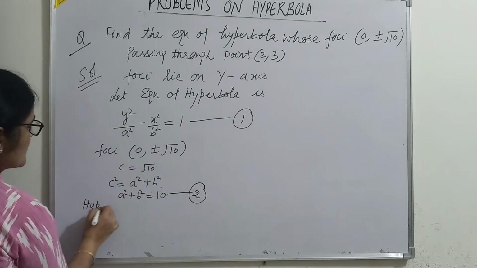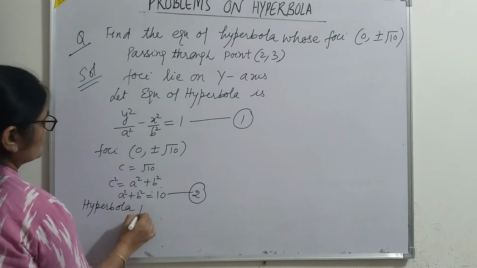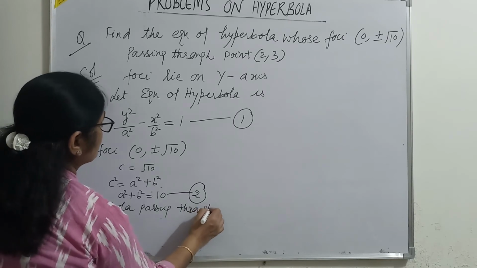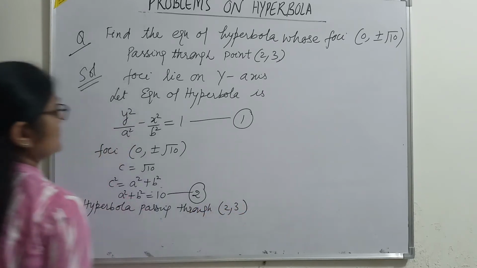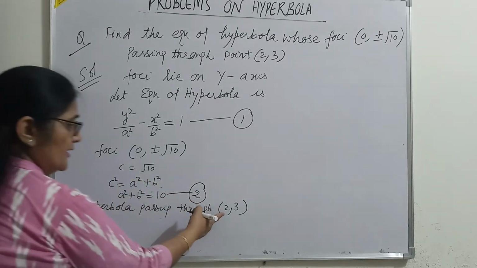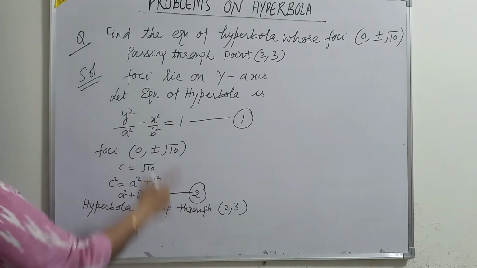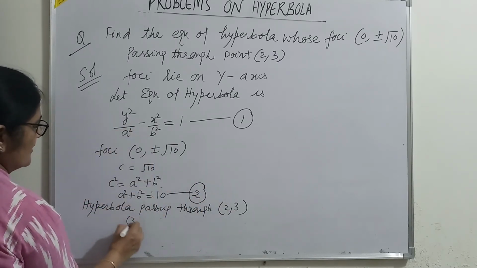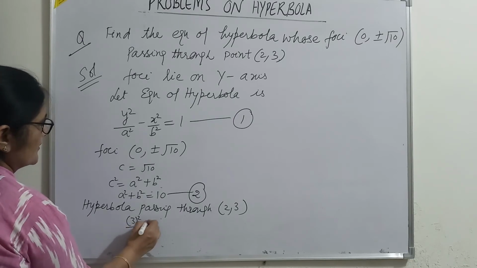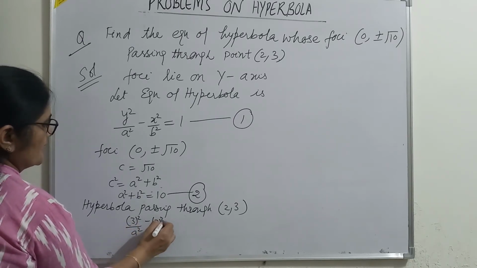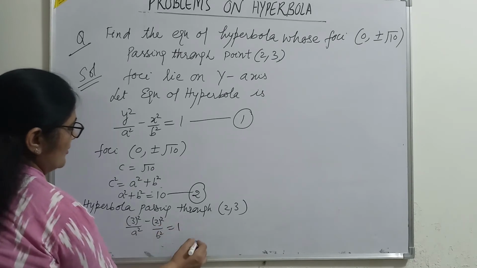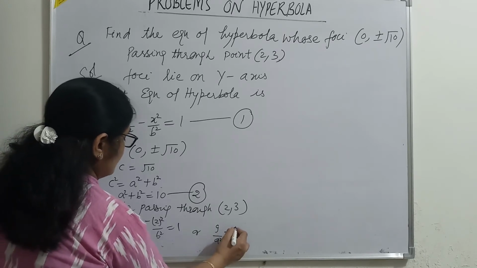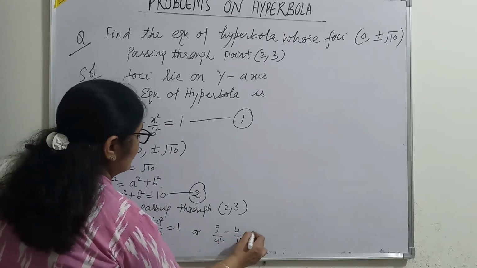The hyperbola is passing through the point whose coordinates are 2, 3. So the coordinates of this point satisfy the equation of the hyperbola. y is 3, so 3²/a² − 2²/b² = 1, or you can say 9/a² − 4/b² = 1. Equation 3.